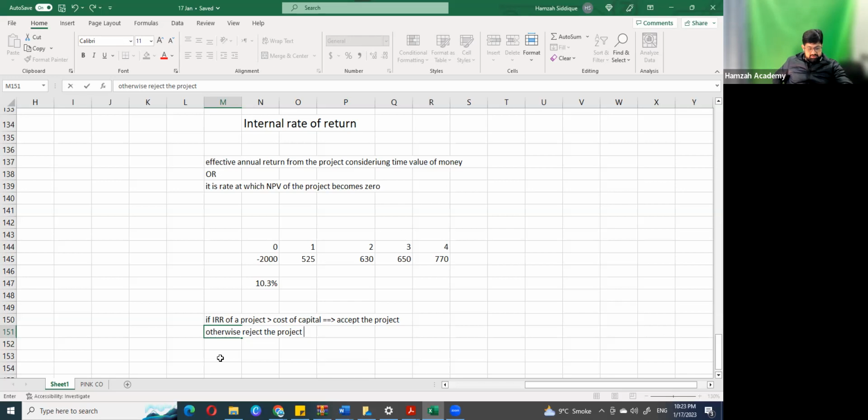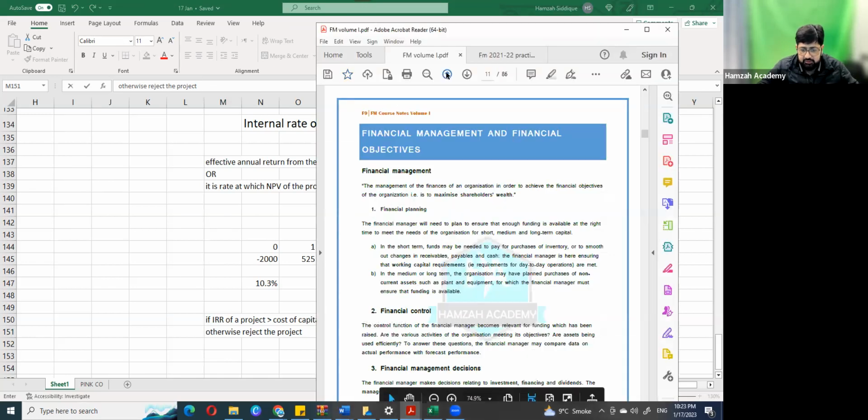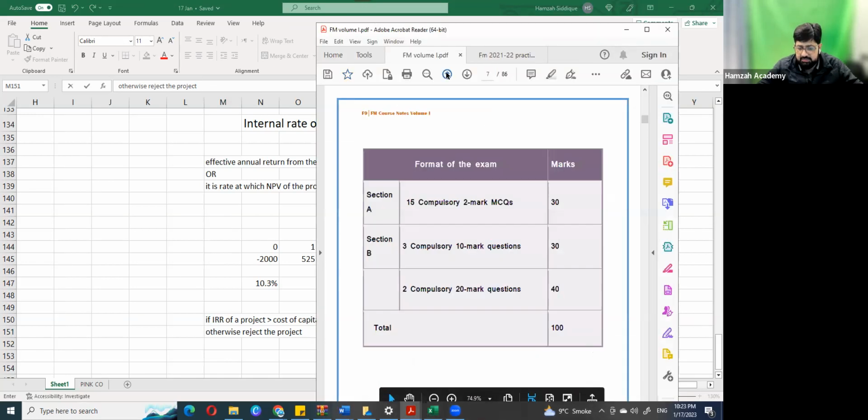Is it clear? Okay, students, we are going to end class here because we have done some practice questions today, which were not in the original plan, but it's good.